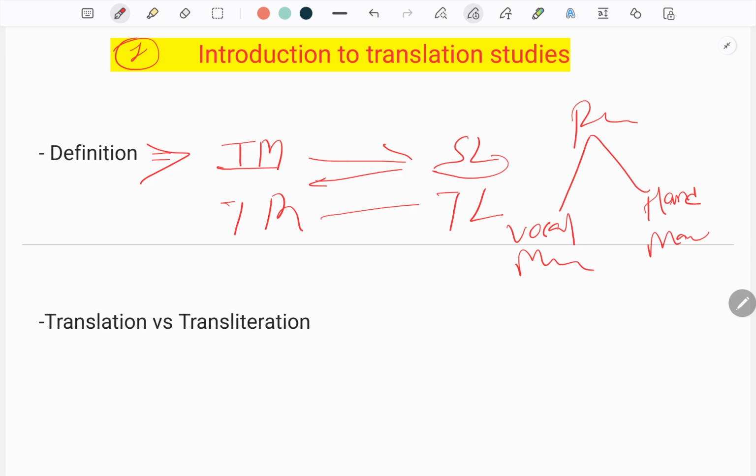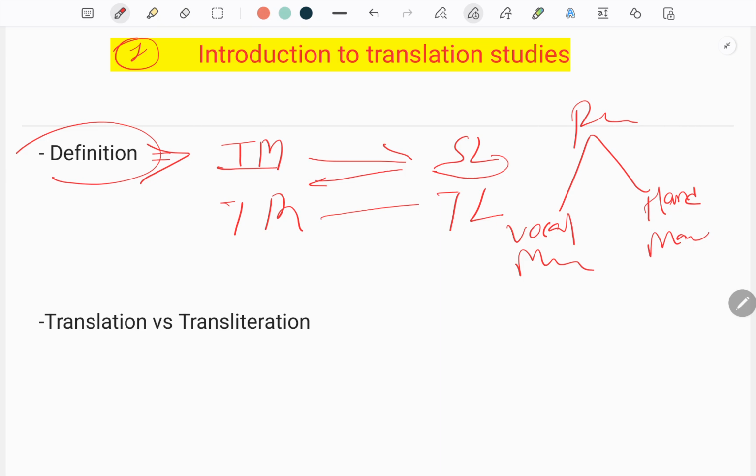Our starting point is how language is related to the human social situation in which it operates. We can also say it is the process of substituting a text in one language for a text in another. This is all about the definition of translation.